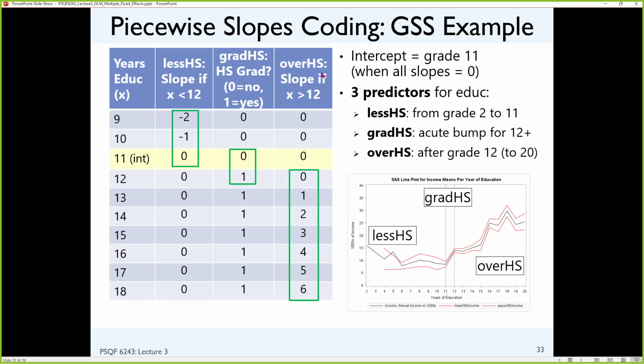And the third predictor is going to capture the effect of more education in people who have at least a high school degree. Question? So how do you know where you divide? Question was, how do I know where to divide? There's two choices here.